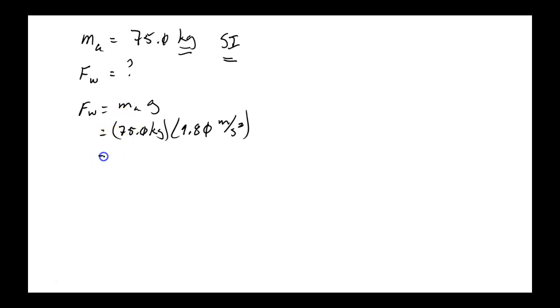Now, pull out your calculators and see what 75 times 9.8 is. It's going to be something on the order of 730 something. Anybody get it? 735. What units is that? Newtons, exactly. Kilogram meter per second squared is a newton.